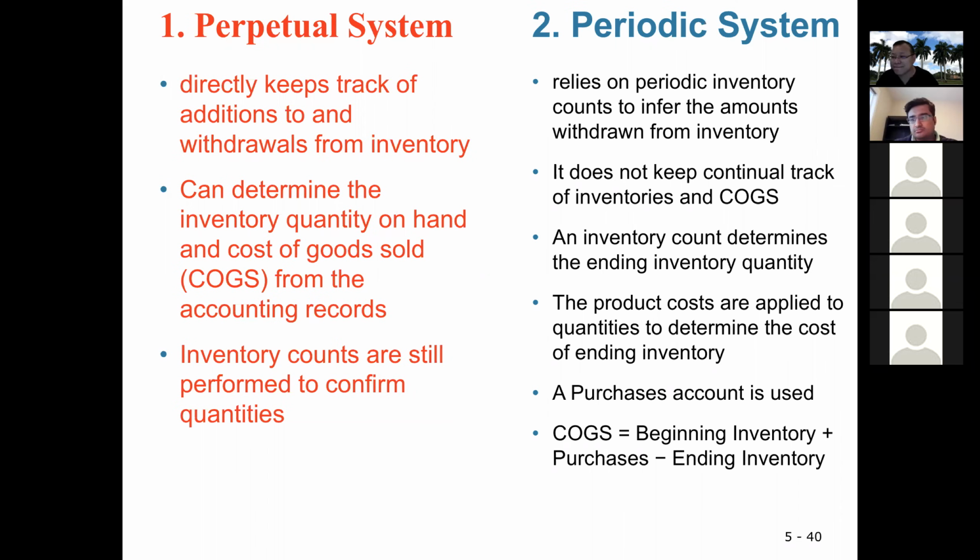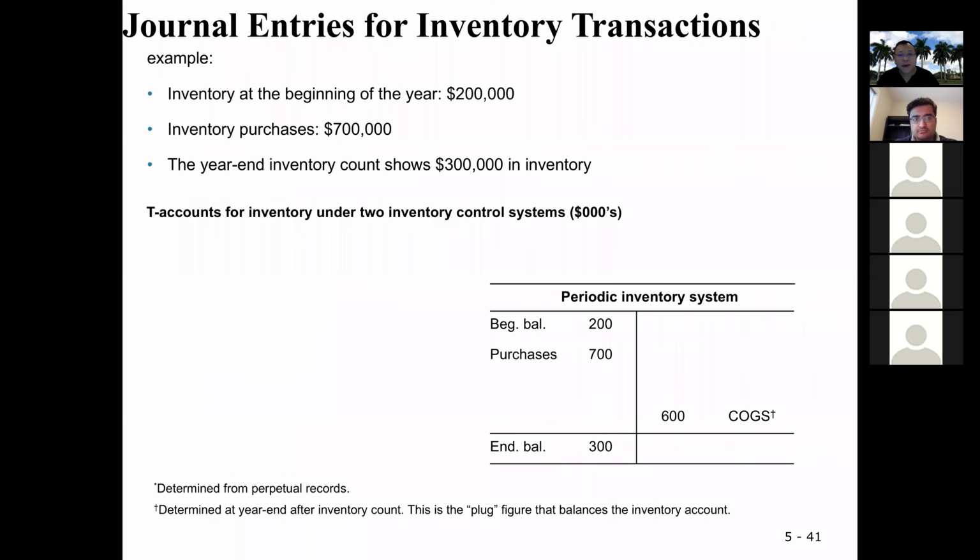Can I move on? Yeah, I think you're good to go. Okay, let's take a look at the journal entry. In this example, suppose the beginning balance is 200,000, the purchases during the year are 700,000, and the ending balance in inventory is 300,000.